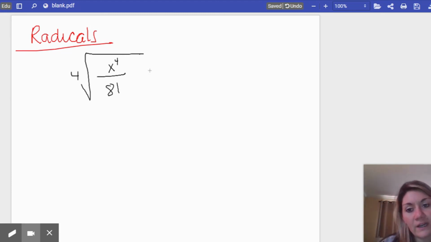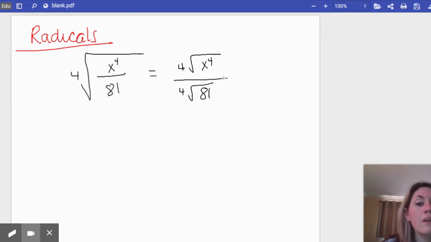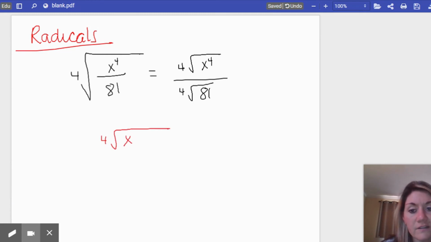So I can rewrite this as the 4th root of x to the 4th divided by the 4th root of 81. So I am going to do the top part in red. The 4th root of x to the 4th is x times x times x times x. There are 4 of them. My index is 4. That means I can take 1x out.